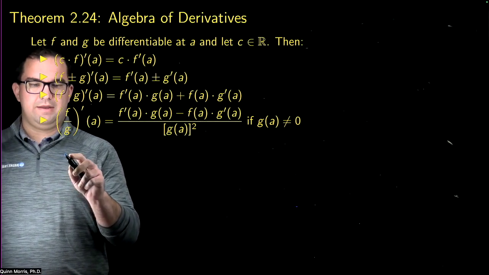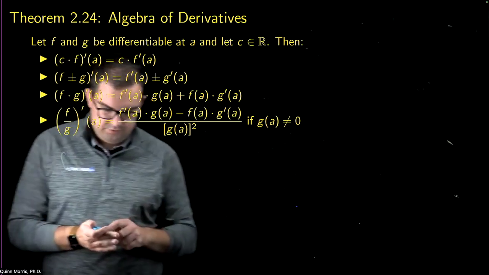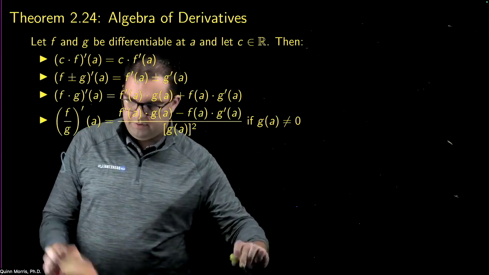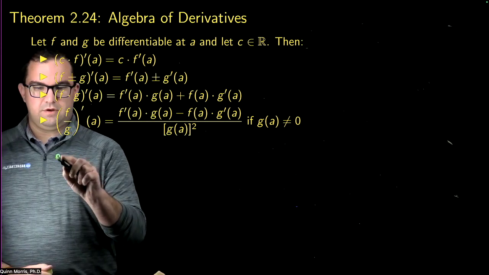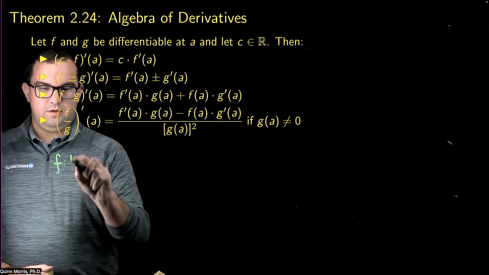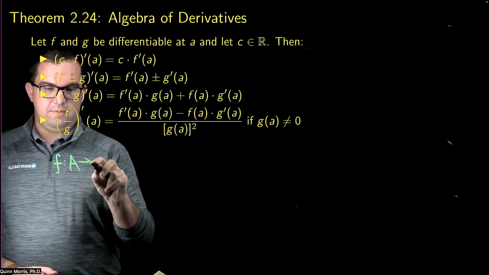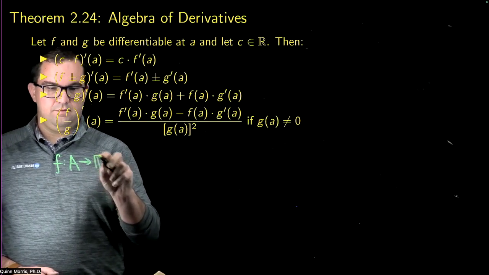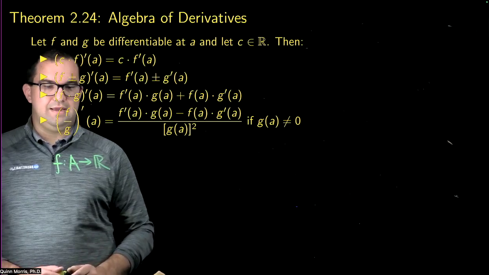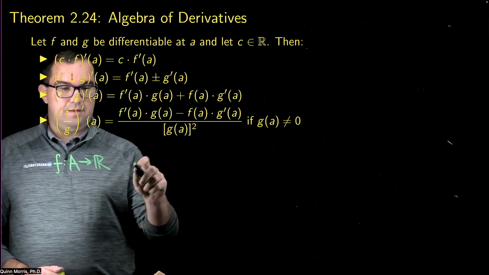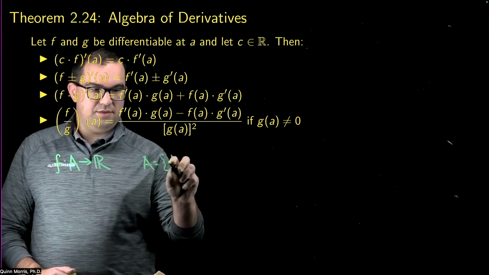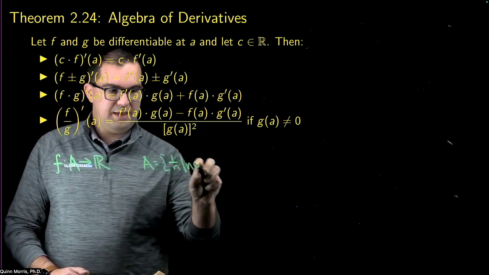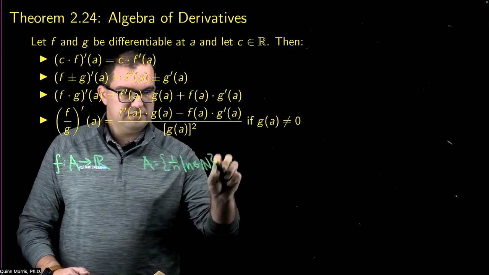So what if I defined f, oh, this color is not very good, this board. So what if I took a function f and I defined it from some set A into the reals, and I'm going to define A to be this set that I keep using for seemingly everything because it's a nice, convenient example.